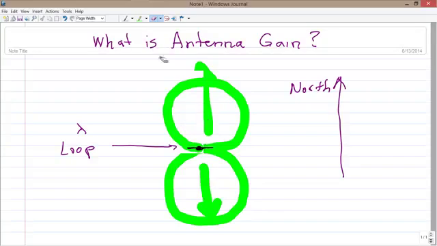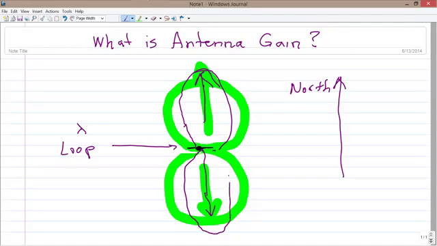Well, I should redraw that a little bit. It is going to have narrower lobes like this, but they will extend out further, indicating gain. That's how we indicate gain, by the relative radius from the center of the antenna. So you will have a sharper pattern.